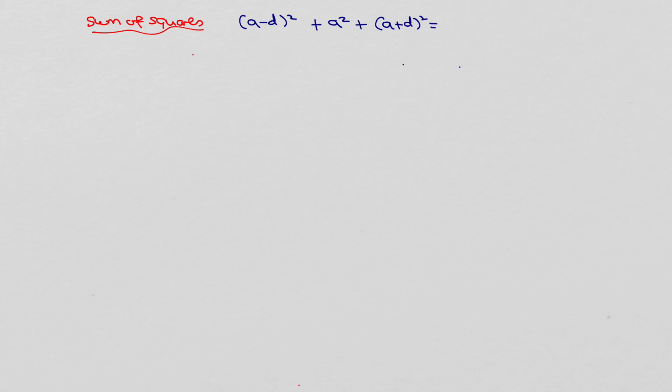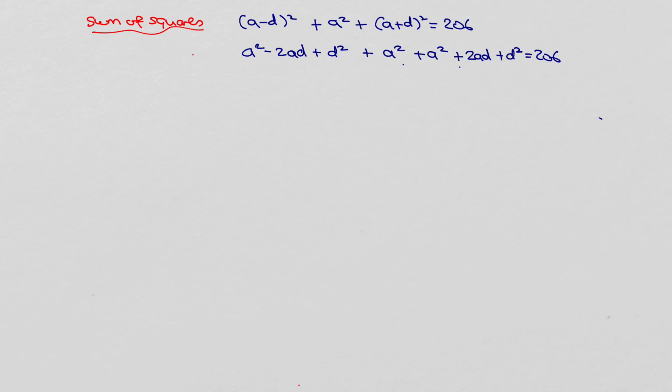And they will all add to give me 206. So we have a squared minus 2ad plus d squared plus a squared plus a squared plus 2ad plus d squared equals 206.